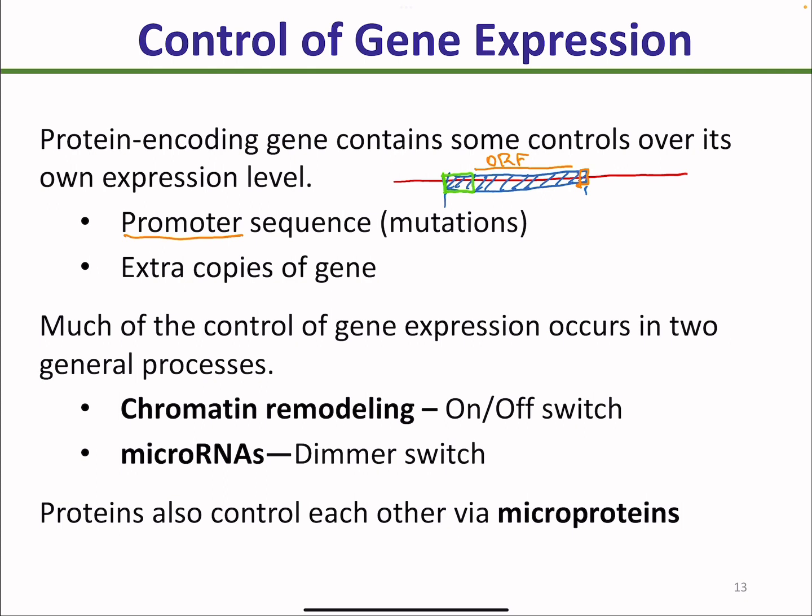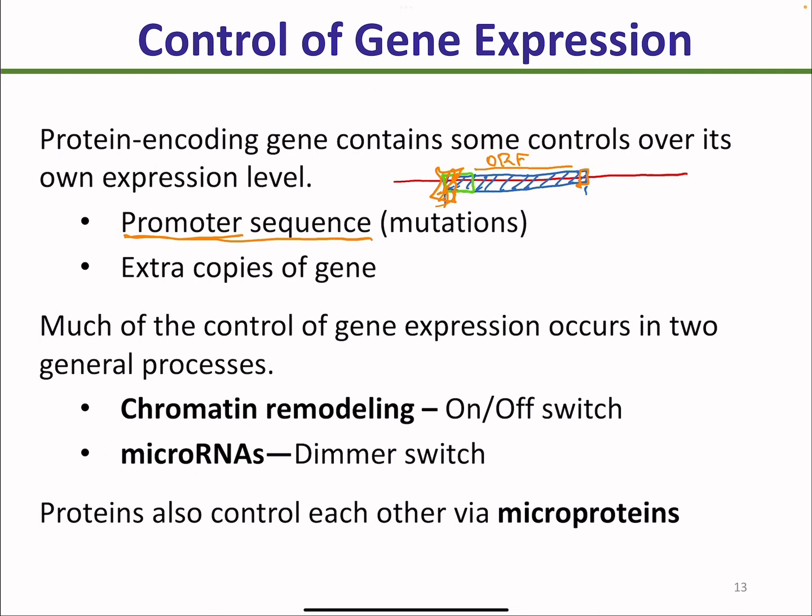So the integrity of the promoter sequence is essential in gene expression, because if a regulator comes and binds somewhere here, it can shut off gene expression, right?